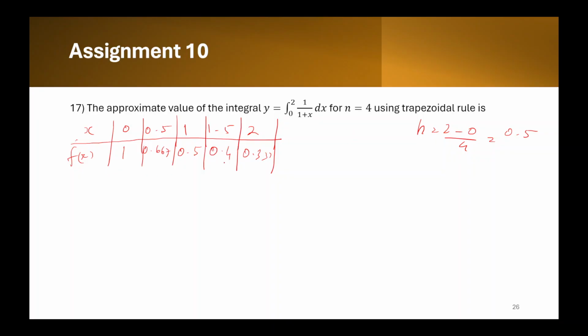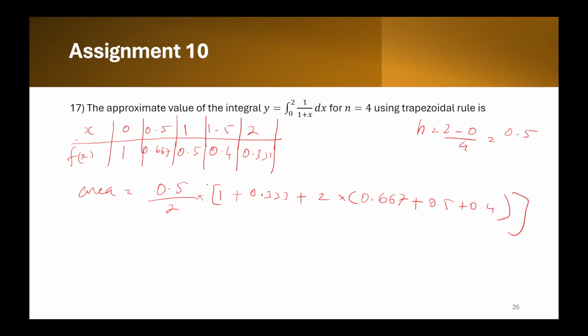Then you need to compute using the trapezoidal rule. So area will be 0.5 by 2 into f1 is 1 and f final, or f5, is 0.333, plus 2 into 0.667 plus 0.5 plus 0.4.